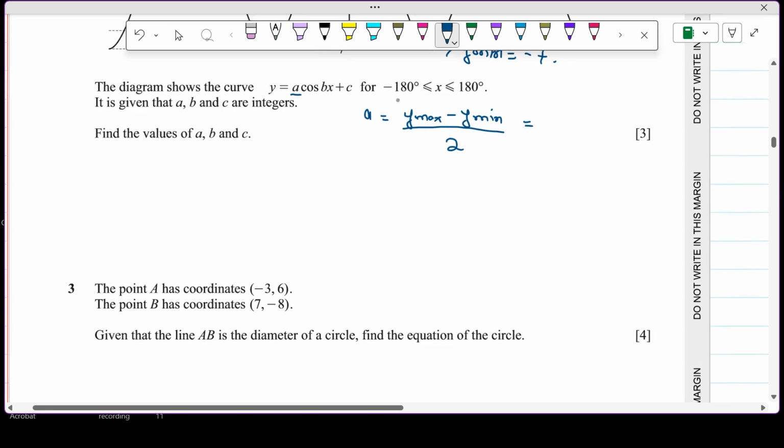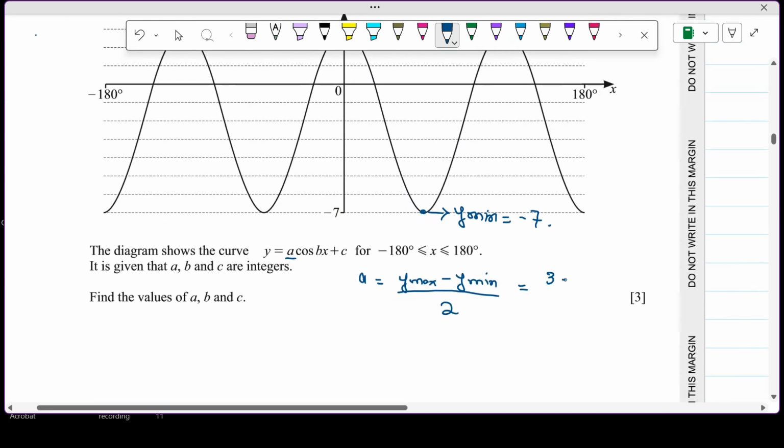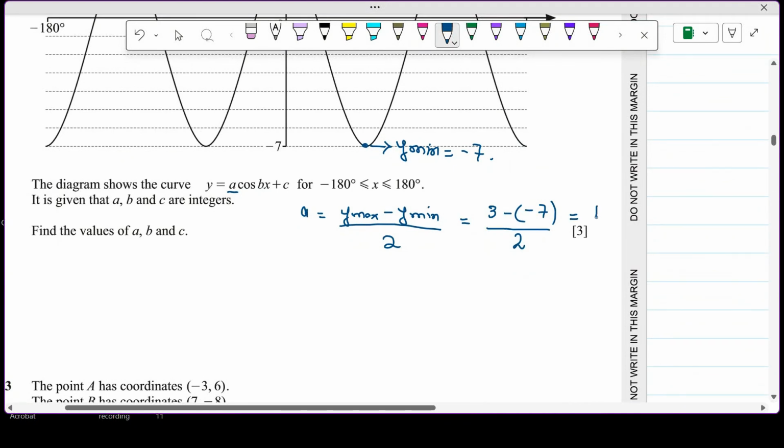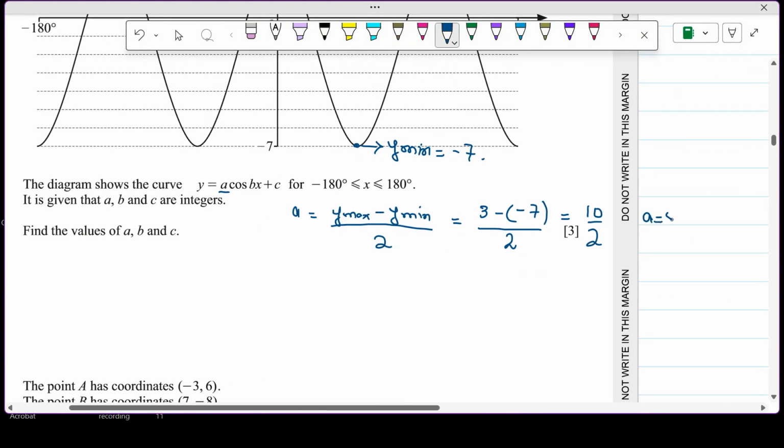In this case, y max is 3 minus negative 7, because y min is negative 7, over 2. So further solving, we will have 10 over 2. So we have a equals 5.